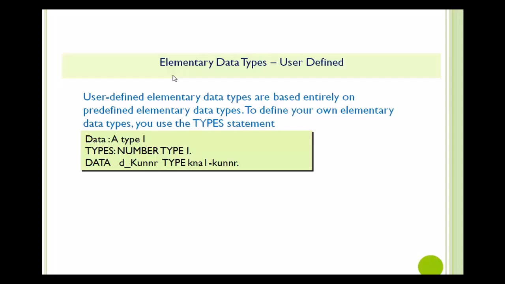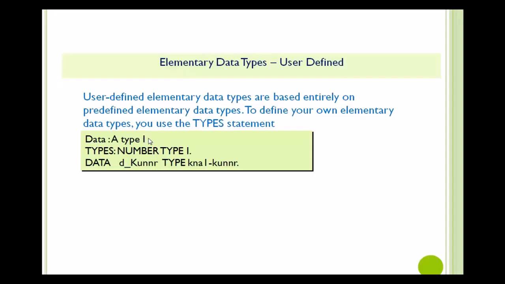Now we'll focus in depth on how to create elementary data types and how to write programs using them. User defined elementary data types are based entirely on predefined data types. In SE38 you write the code: DATA is a keyword, A is a variable, type I is an integer type, or you can create with the predefined types.